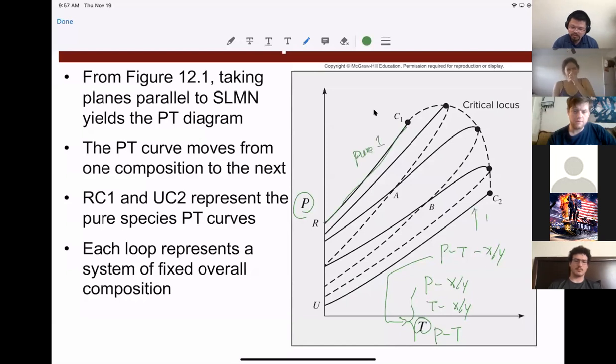The last part would be pure two, connected by, we call this the critical locus line. And any line in between, you are going to have the liquid. So this is the liquid, this is the vapor.